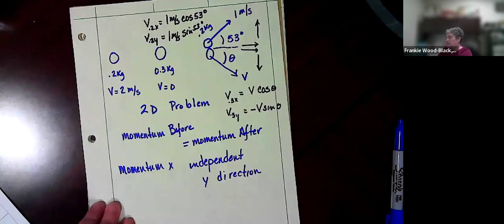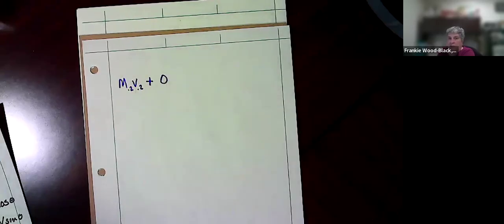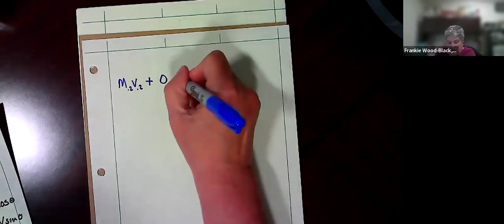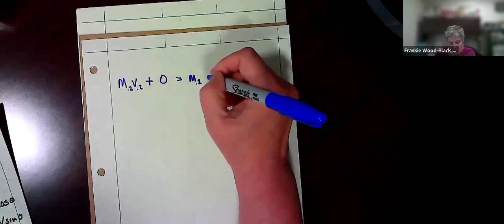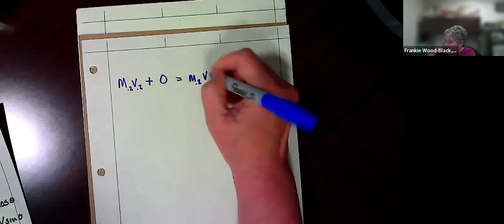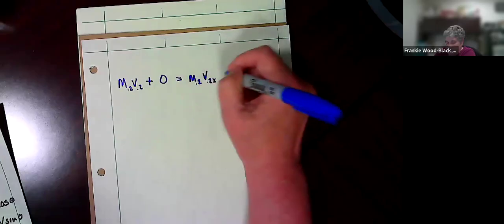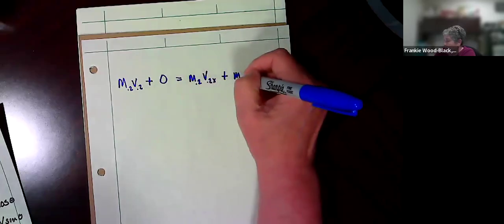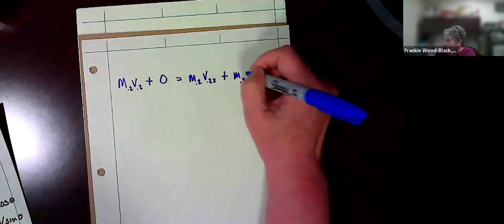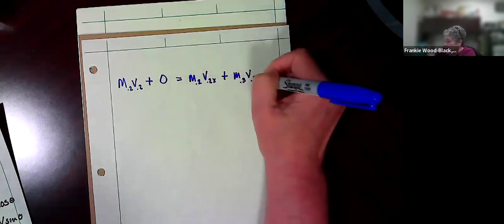So we've got to start with our x's and our y's. Let's start with x. The momentum before in the x direction is the mass of 0.2 times velocity 0.2, plus 0, because the velocity of 0.3 was 0. That's going to equal mass 0.2 times velocity 0.2x, plus mass 0.3 times velocity 0.3x.